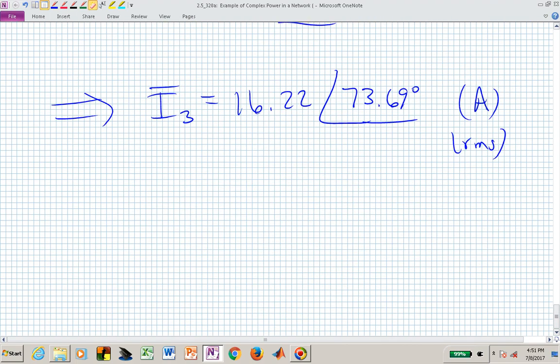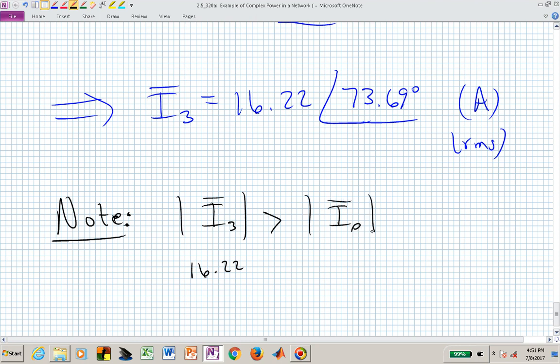Is that even possible? So let me just write that down. Note, what we've just computed and found is the magnitude of load 3's current, I sub 3, which was 16.22, is bigger than the current that's being supplied by the source, which was 10.